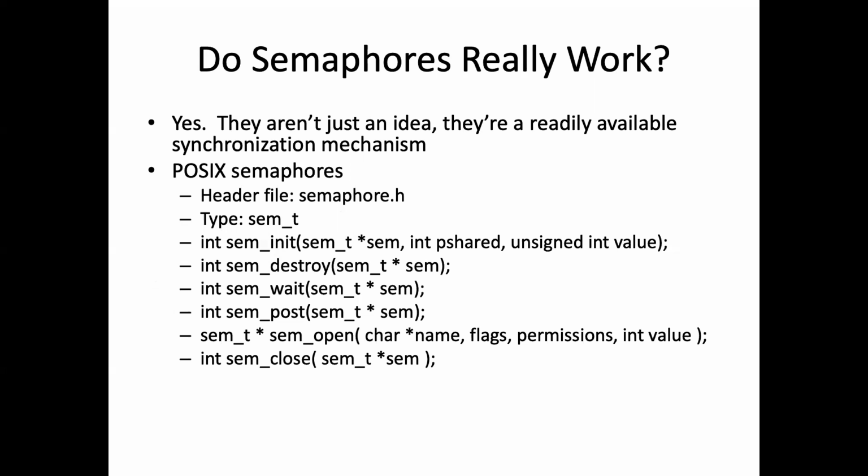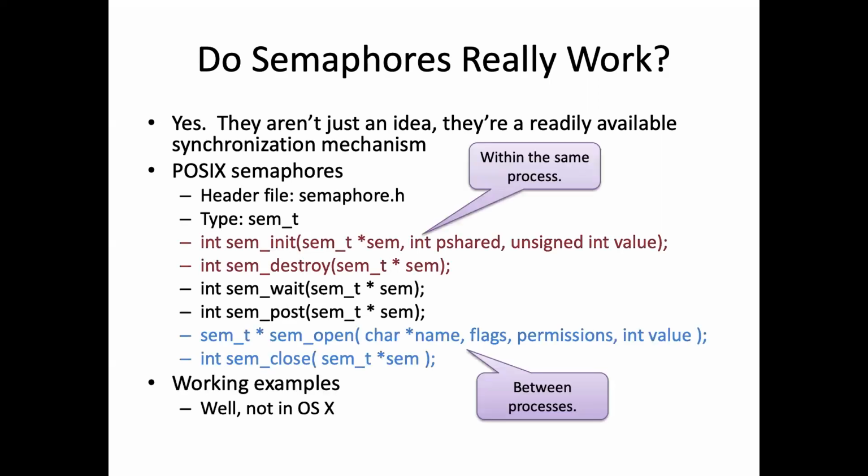These are for semaphores that you would want to use within a single multi-threaded process. So it's for coordinating the behavior of multiple threads, all inside the same process. And if you wanted to use semaphores like that, you'd make one or more variables of type sem_t. So these two calls down here are the important ones. In fact, let me go ahead to my next slide because it's color coded.